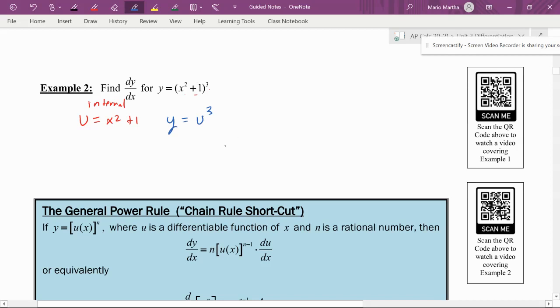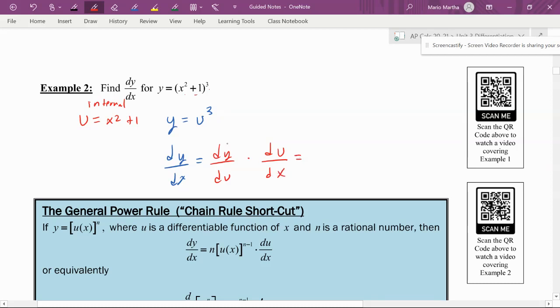So now when we want to find dy dx, that's going to be equal to, so again, the derivative of y with respect to u, and then times the derivative of u with respect to x.